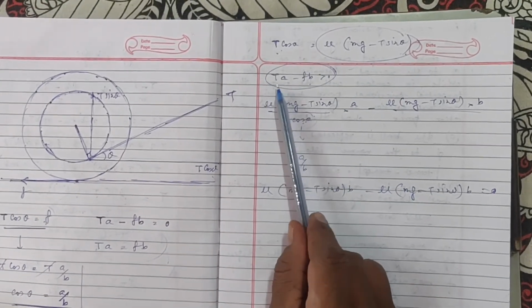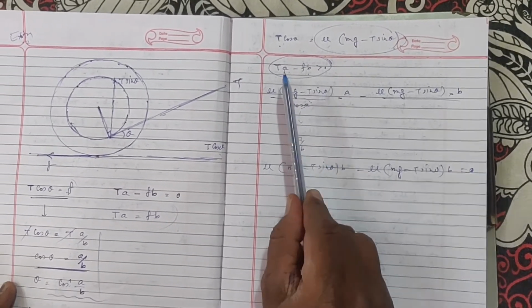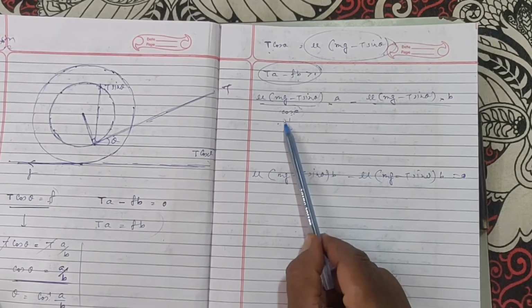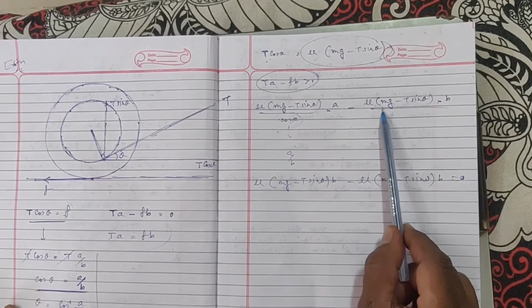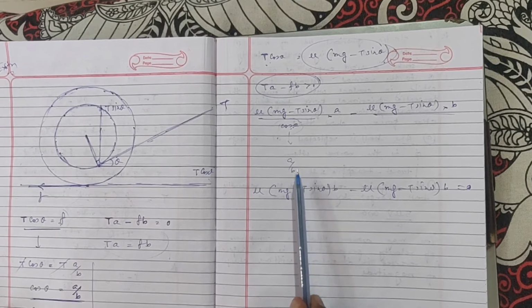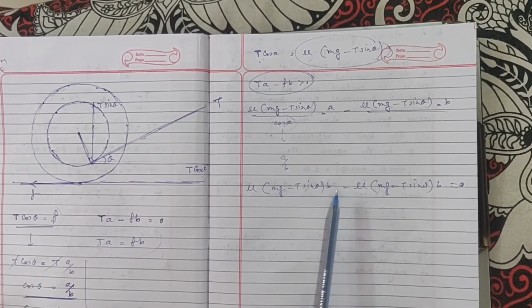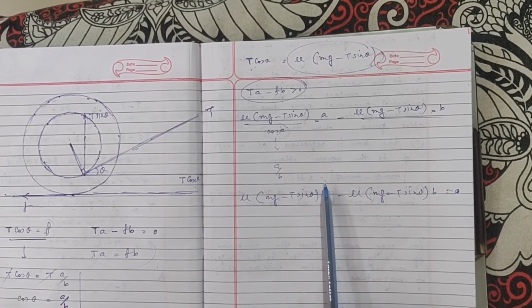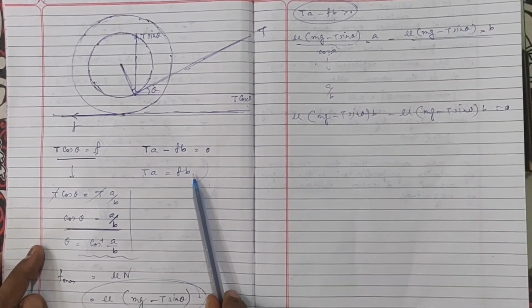Now we are checking whether TA minus FB is equal to 0 or greater than 0. So T is from this: mu(mg minus T sin theta) upon cos theta, into A, minus F, which is mu(mg minus T sin theta), into B. But cos theta is A by B. So replacing cos theta by A by B, we get mu(mg minus T sin theta) into B. This is the same as the last term, so these two are equal. So in this case also, these two torques should be equal. That's it.